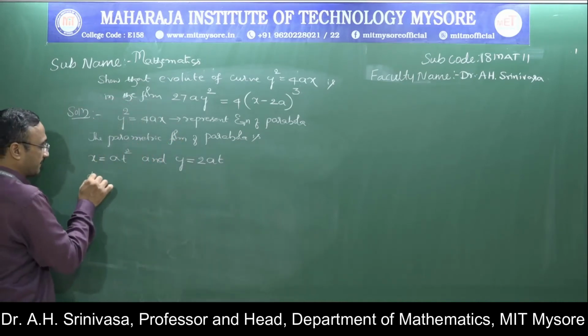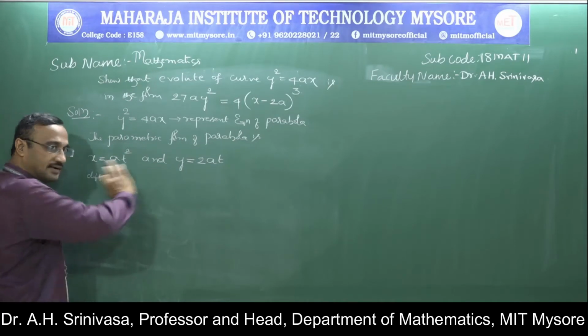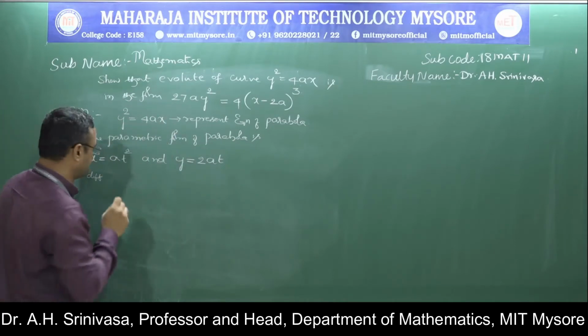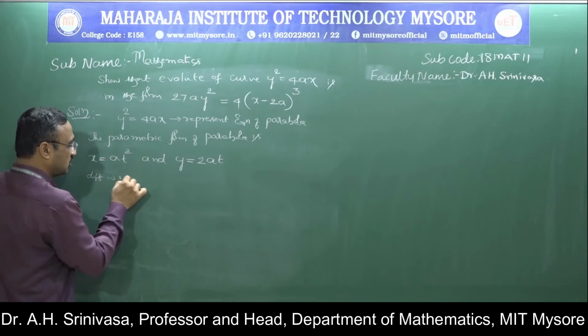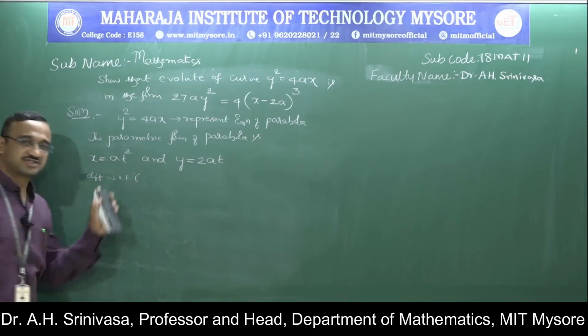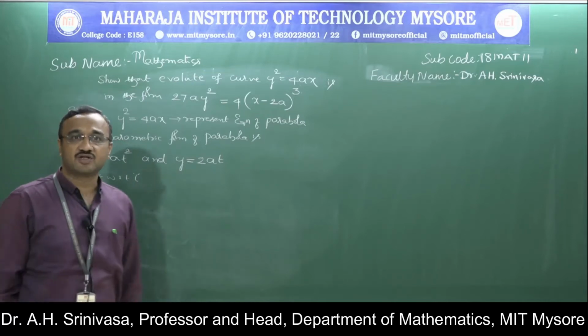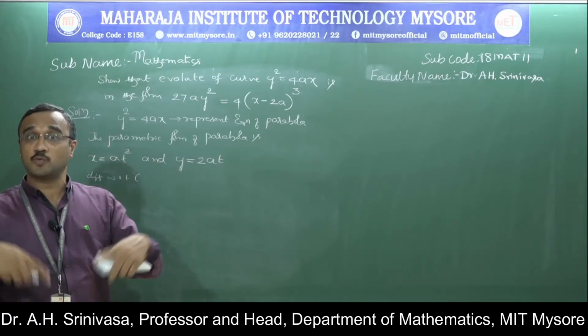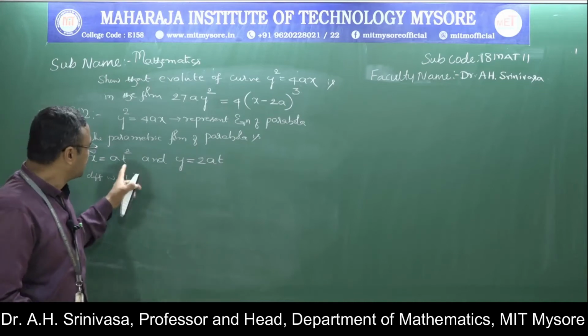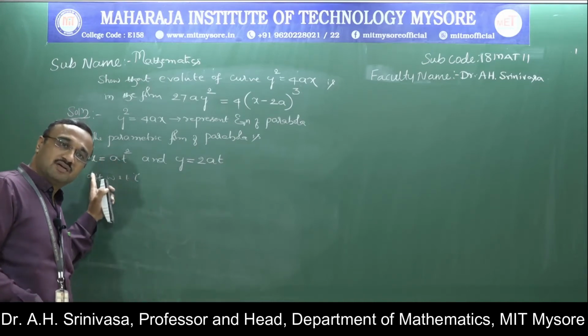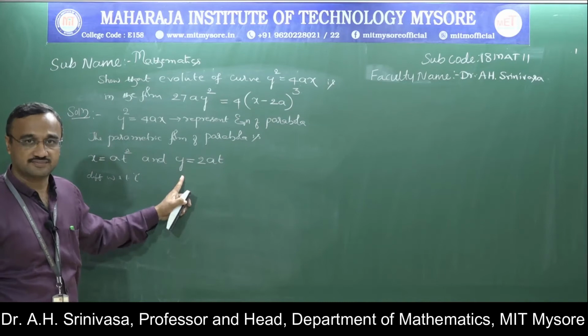We have to differentiate both equations with respect to t, because x depends on t. For the parametric equation, one more parameter is applied, that is t, and it depends on x as well as y.